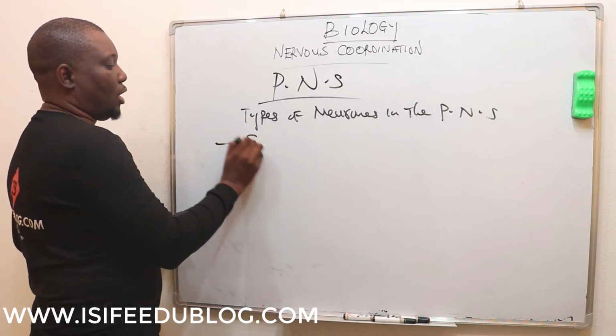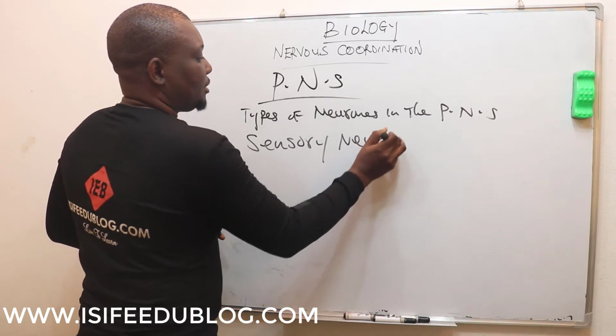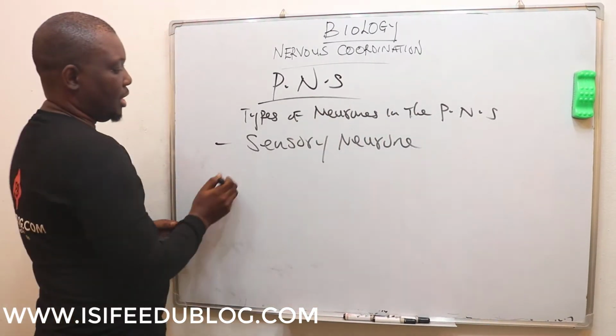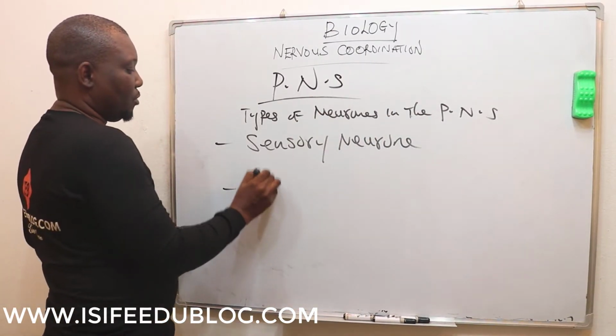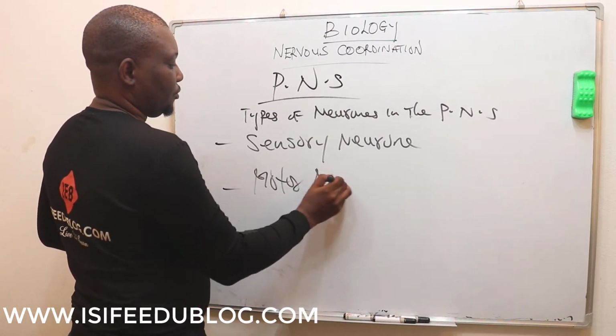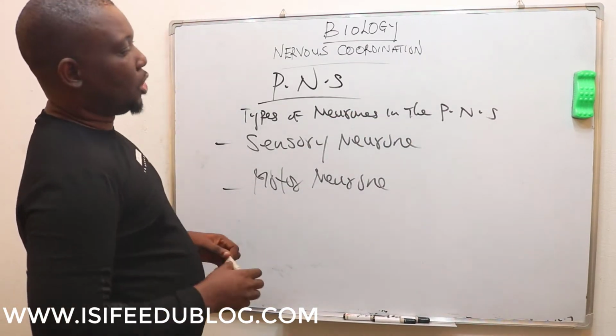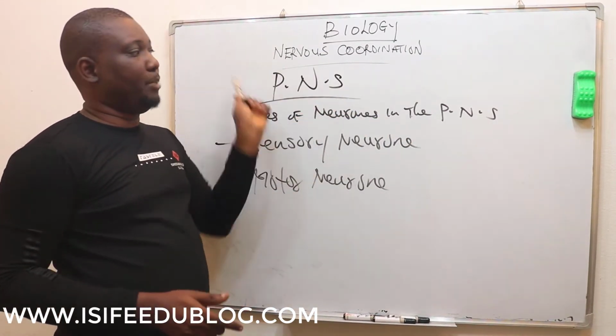One, we have what we call the sensory neuron. And two, we have the motor neuron. These are the two neurons in the PNS.